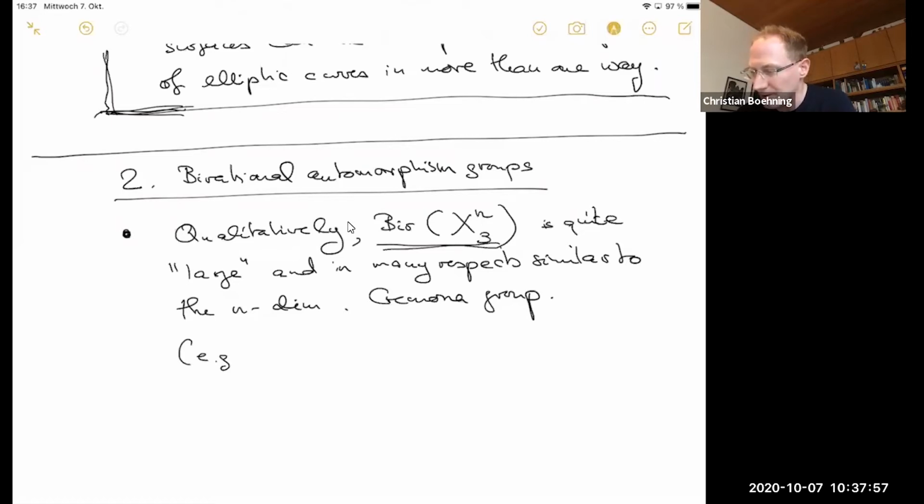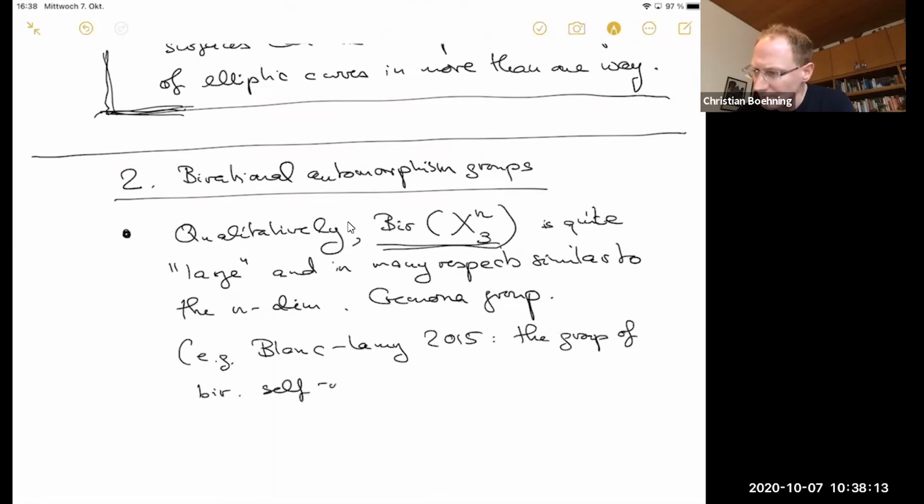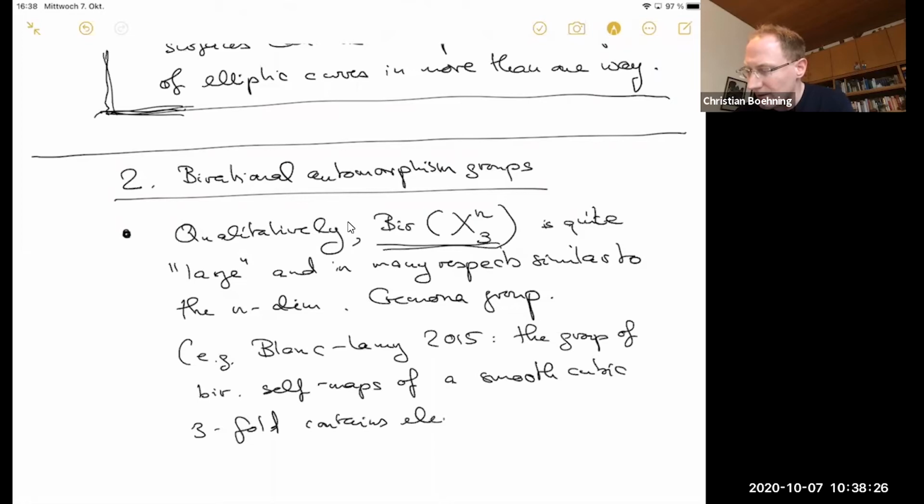For example, Jérémy Blanc and Bami in 2015 proved that the group of birational self-maps of a smooth cubic threefold contains elements contracting surfaces that are birational to any given ruled surface.